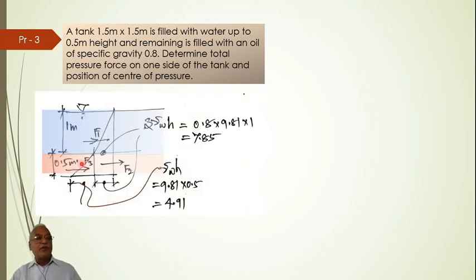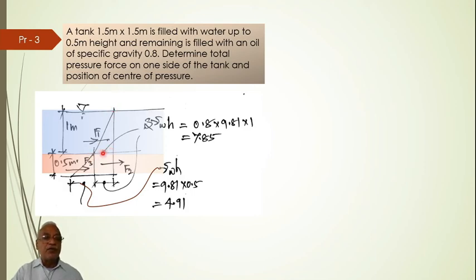So here I have drawn the pressure diagram. It is said that 0.5 meter is the height of the water and 1 meter is the standing oil. So here there is oil, here there is water. Now the pressure diagram, if you try to draw, you can just have a look. That's important. First one is the hydrostatic pressure diagram.